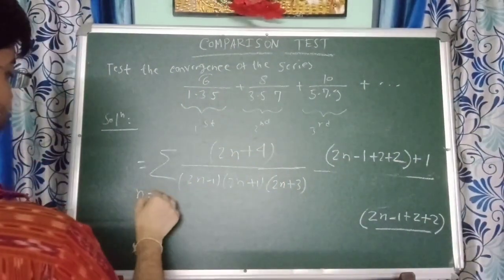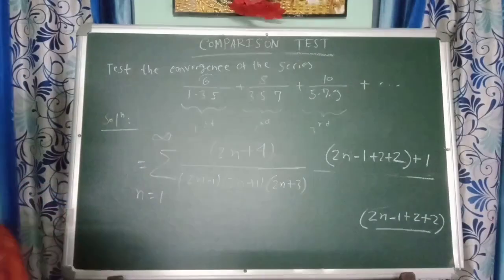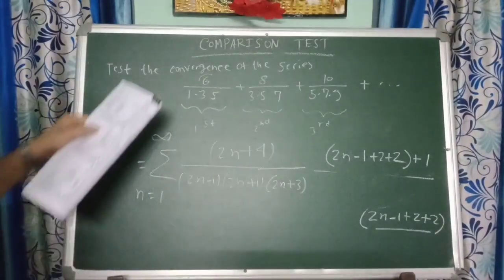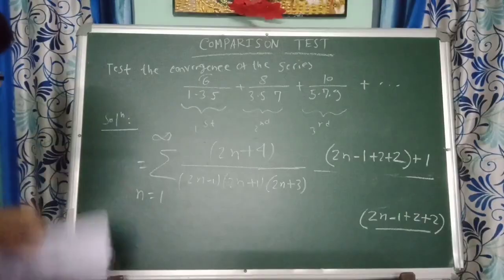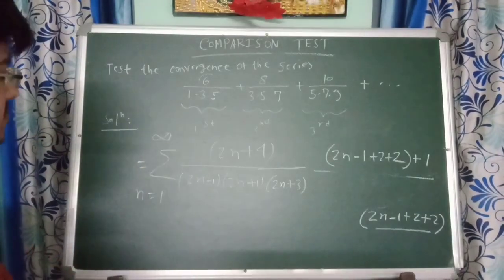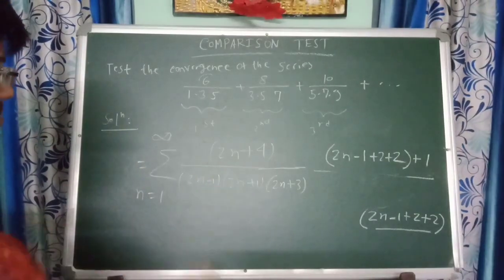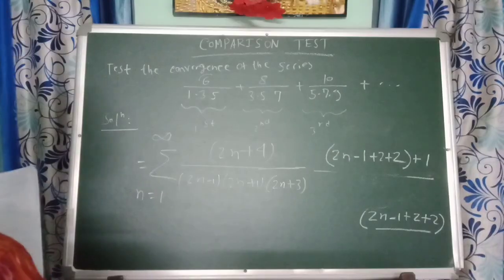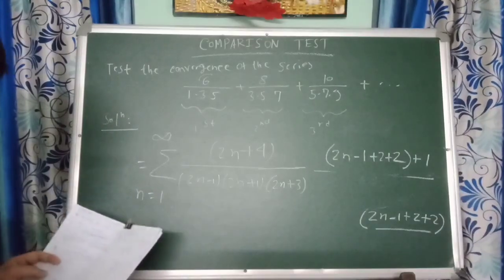This is the general term starting from n equals 1. So the given series can be written in this format: summation n equals 1 to infinity of 2n plus 4 divided by 2n minus 1 into 2n plus 1 into 2n plus 3.